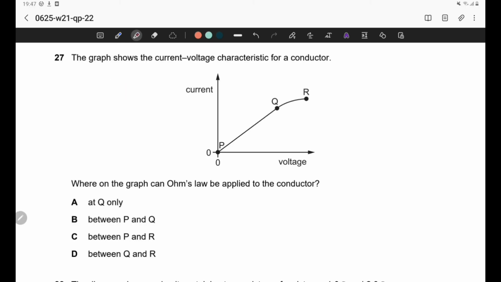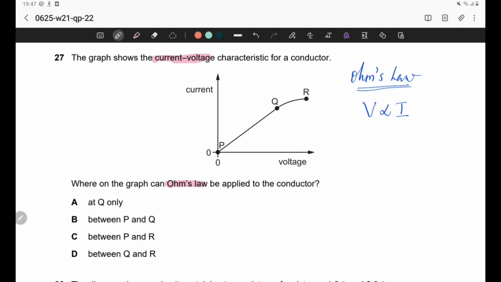Question 27. The graph shows the current-voltage characteristics for a conductor. Where on the graph can Ohm's law be applied to the conductor? According to Ohm's law, voltage is directly proportional to current.